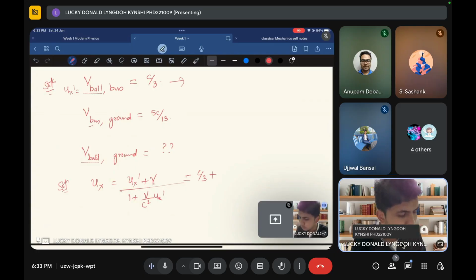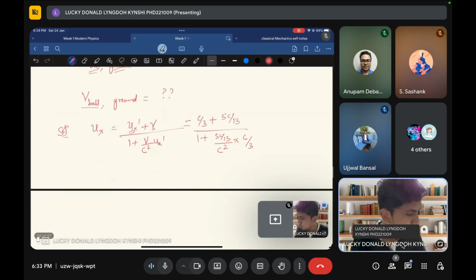The velocity of the bus with respect to the ground is v, which is 5c by 13, because the bus is measured from the ground. V is the velocity measured from the ground, whereas u of x prime is the velocity of any event measured from the S prime frame. So you get 1 plus 5c by 13 divided by c square into u of x prime, which is c by 3.